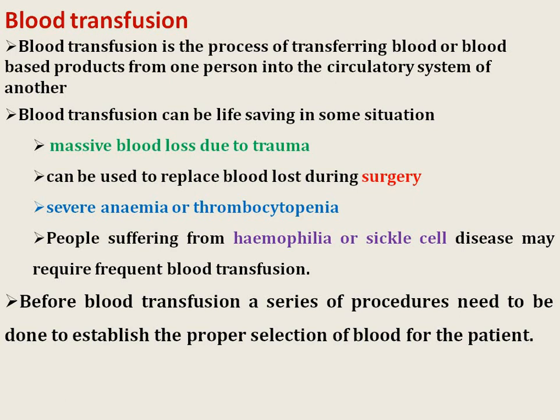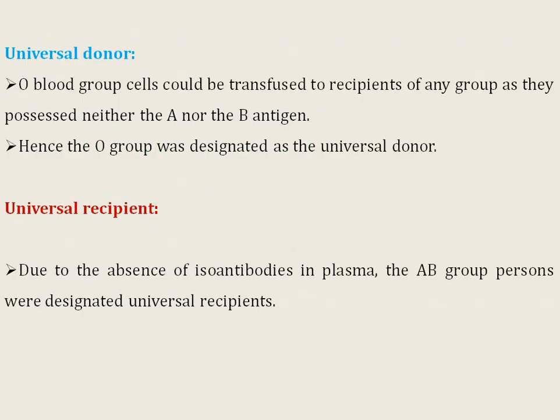The universal donor. Ideally, the donor and recipient should belong to the same ABO group. Group O cells could be transfused to recipients of any group as they possess neither the A nor the B antigens.